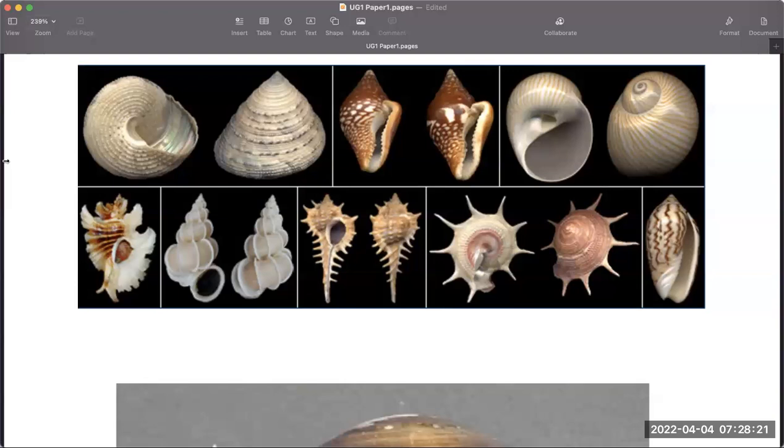Sexes are separate in most forms, while in some forms sexes are united. Therefore, their development includes both types of larva, trochophore and veliger. Phyla is the common example. Turbo.